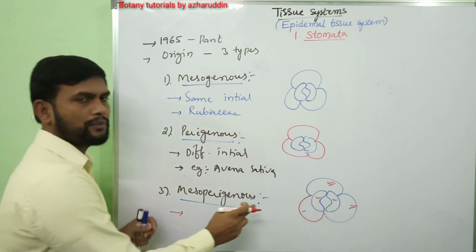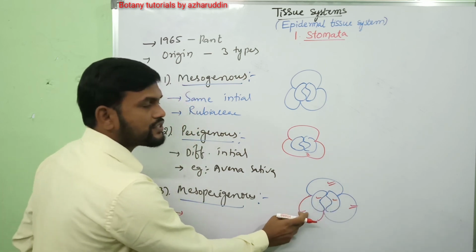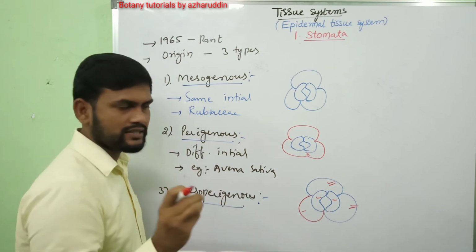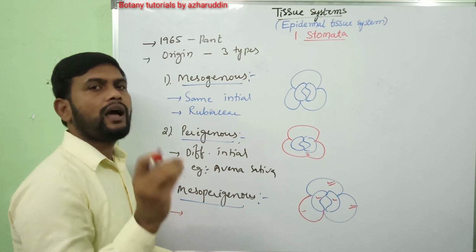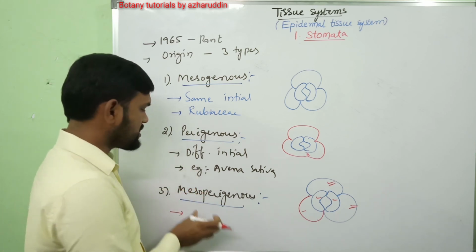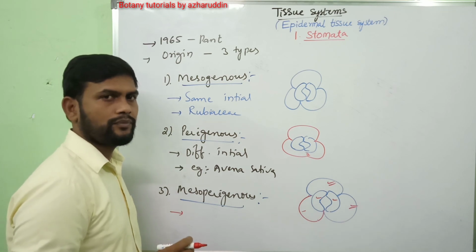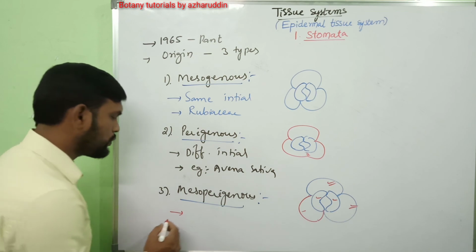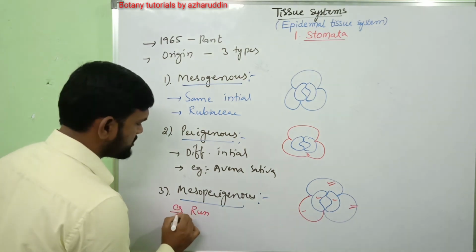Once again, two guard cells and at least one subsidiary cell originate from one mother cell, and the remaining subsidiary cells originate from another mother cell. Such stomata are called mesoperigenous type. Example, Ranunculaceae.